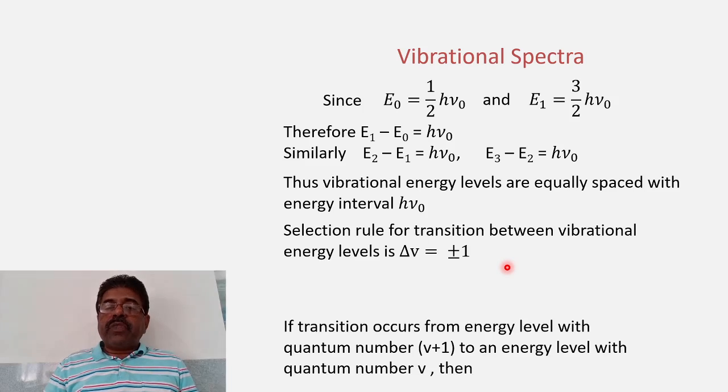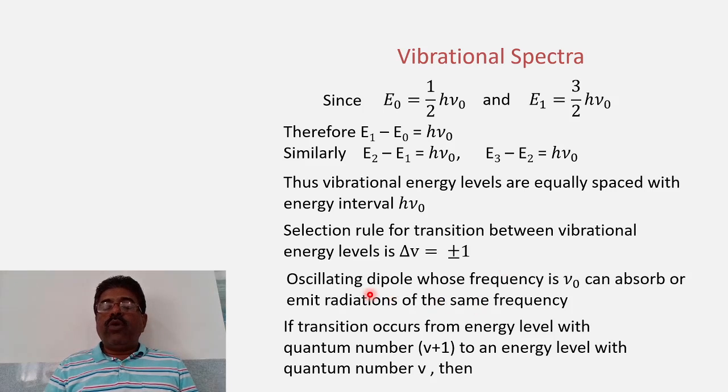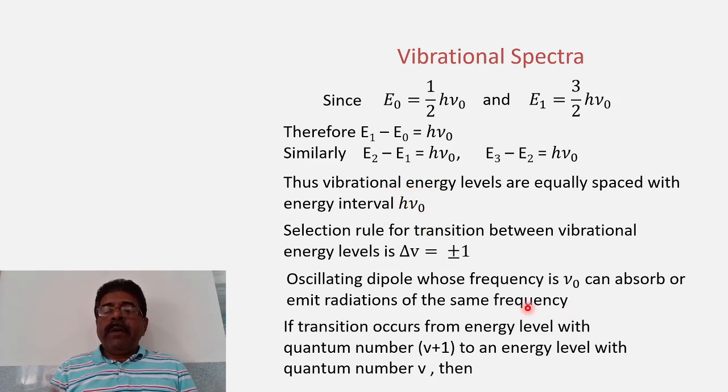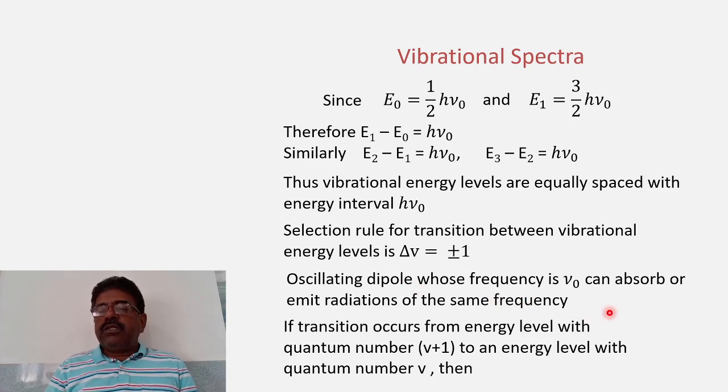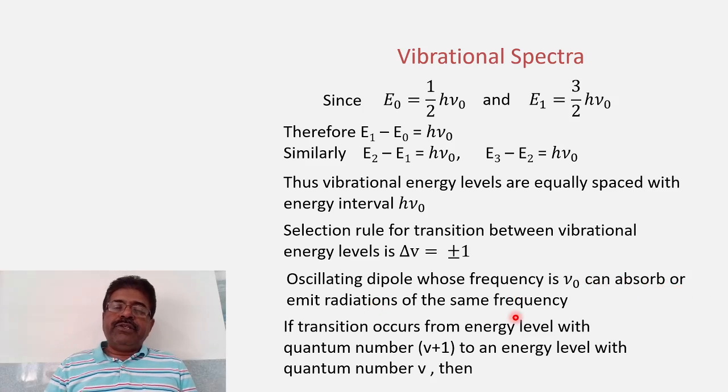If you consider any diatomic molecule as an oscillating dipole whose classical frequency is nu 0, then it can absorb or emit radiation of the same frequency, and that is the h nu 0 energy interval here. So remember, the vibrations of a molecule can be visualized as an oscillating dipole, and its classical frequency is nu 0, with which only it can absorb or emit radiation.